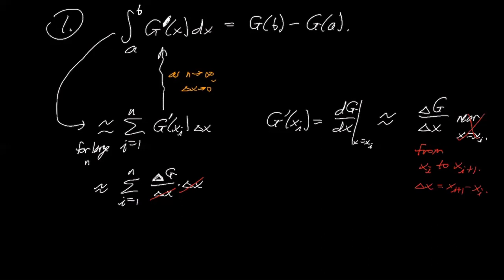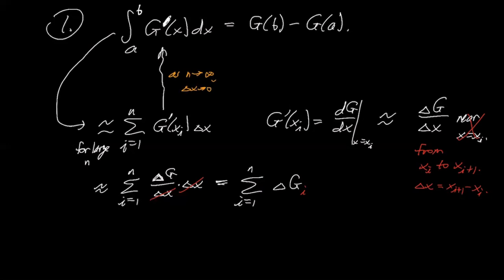So what we get here is the sum from i equals 1 to n of the changes in g. Each change is really the ith change in g, the change from x sub i to x sub i plus 1.